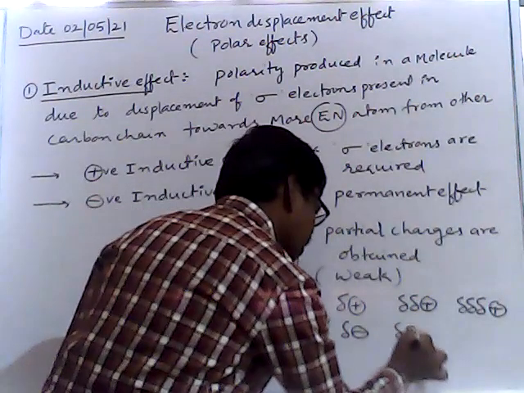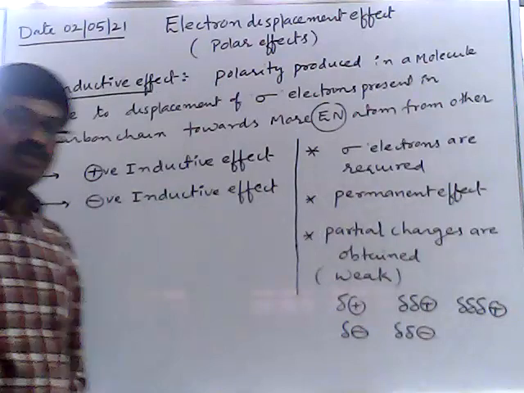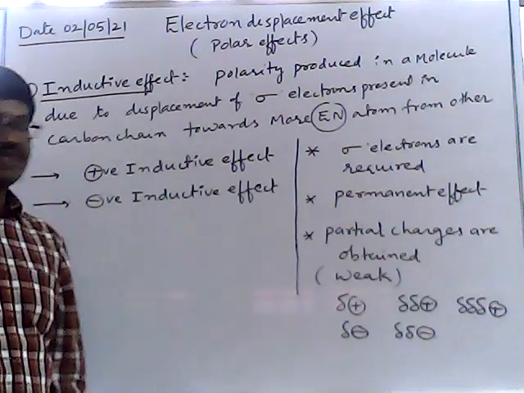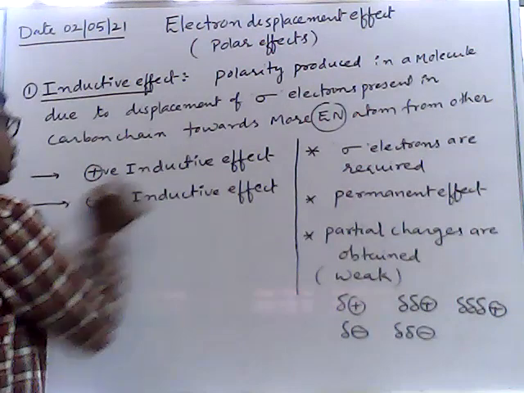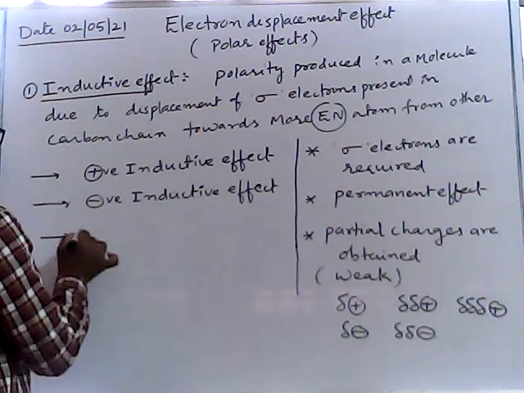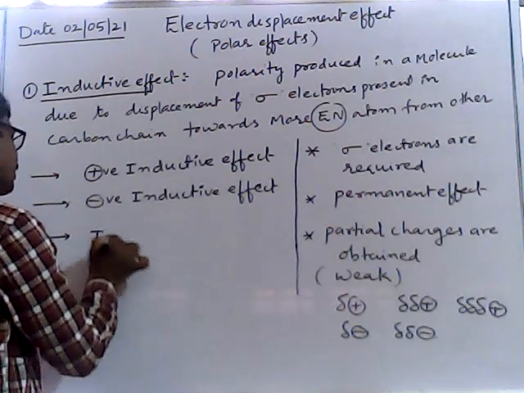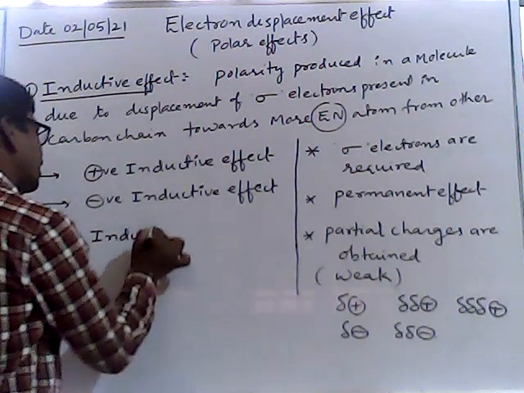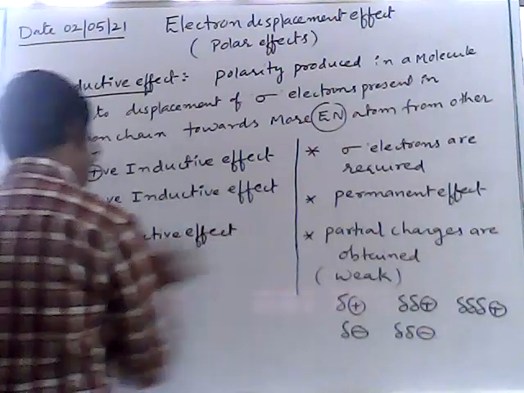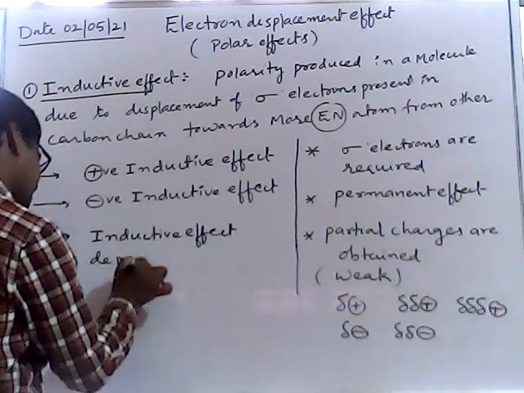Double partial negative indicates the partial negative charge decreases on that particular atom. And here one more important thing I am writing: inductive effect depends on distance.